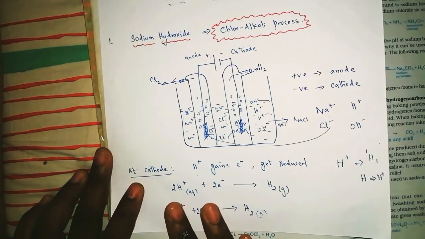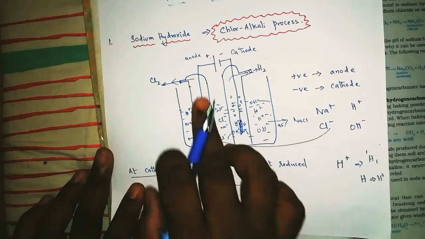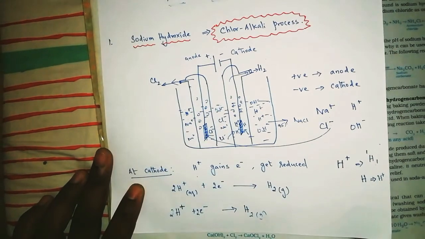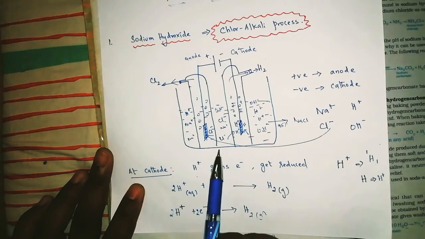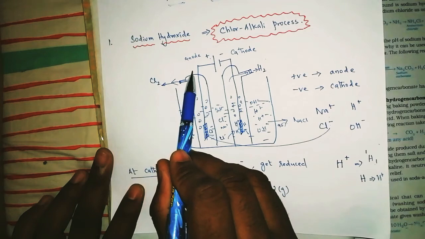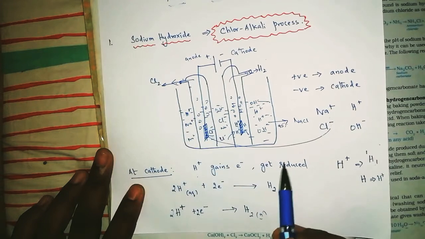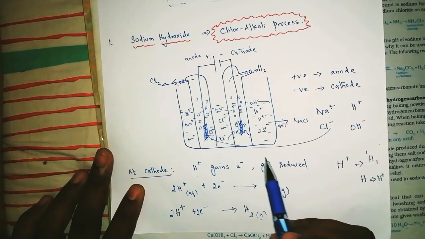So now what is happening? We have taken a brine solution, putting two electrodes in that, connected with positive and negative, anode and cathode. Once it's switched on, Cl minus is going towards the anode, and then they get oxidized, and then they escape out. And in the cathode, what is happening?